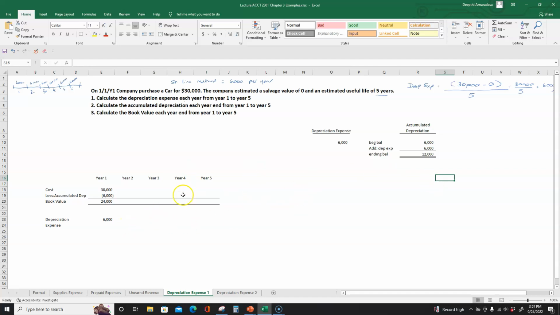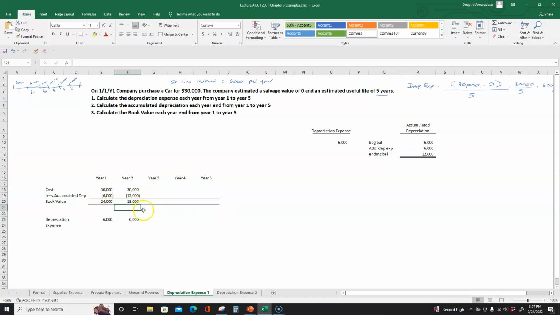So let's see how this would be reported in year two. In the income statement, the depreciation expense would still be reported as 6,000. However, in the balance sheet, we're going to report the cost of the car at 30,000. We will show the cost less accumulated depreciation of 12,000, again accumulated depreciation subtracted, which means the book value of the asset at the end of year two is 18,000 now.